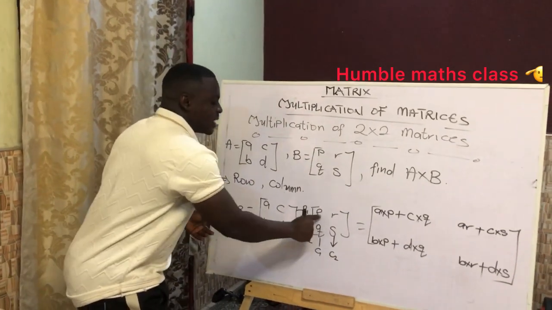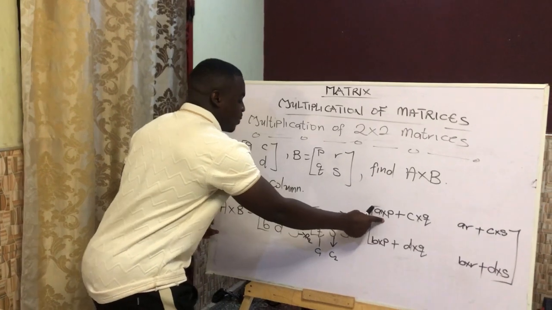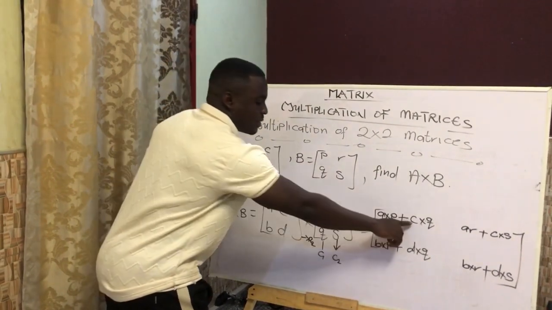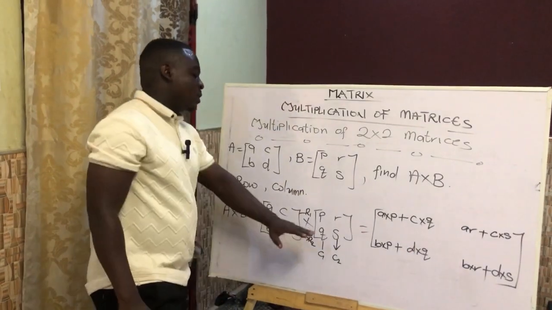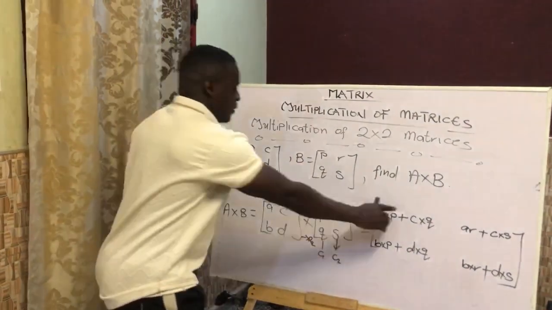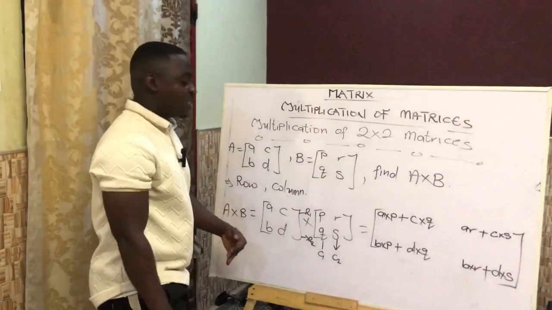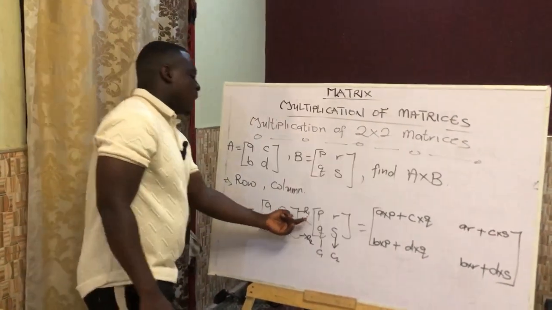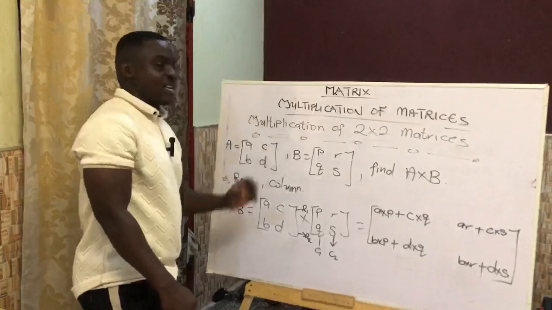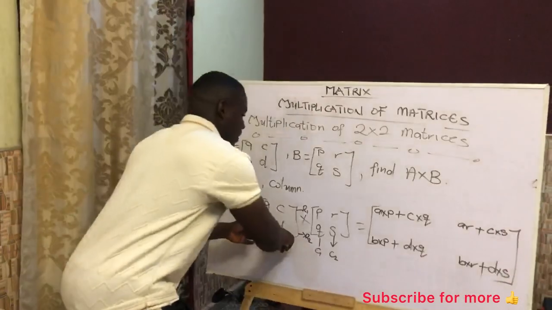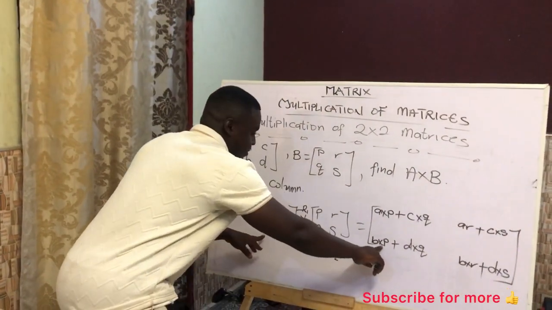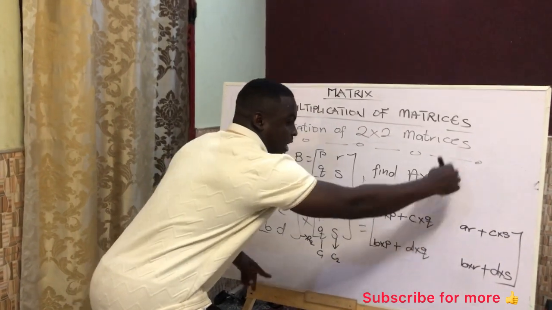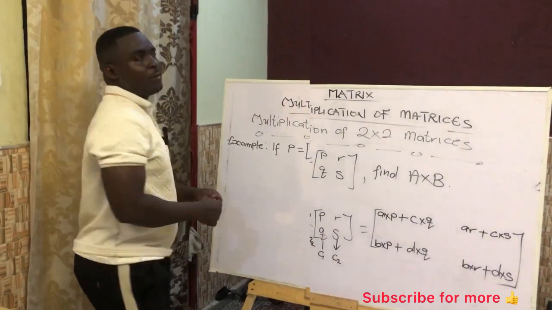So A multiplies P, getting A times P here, plus C multiplies Q, you have C times Q there. We are done with the first part. The first part, you move on to the down, that's the base. You have B, D, that being the second row in A, and you multiply it against the first column of B. So that's B times P, getting B times P here, plus D times Q. Then it follows the same pattern.